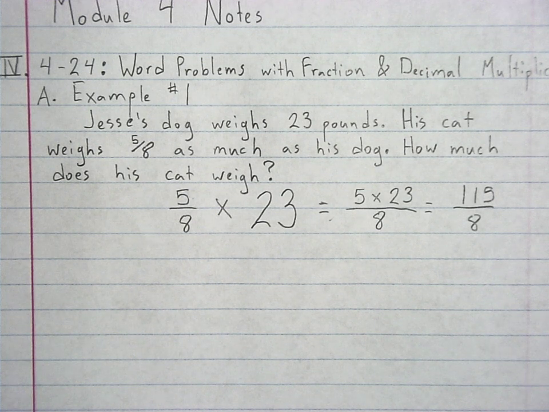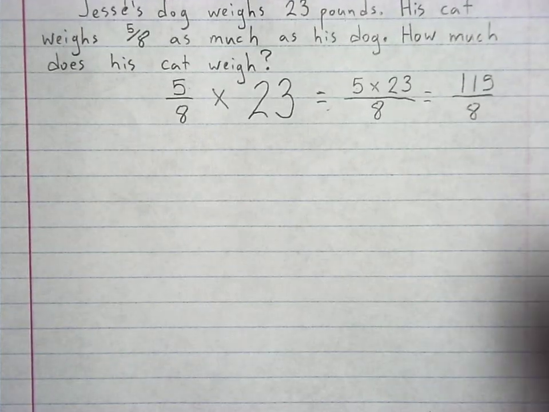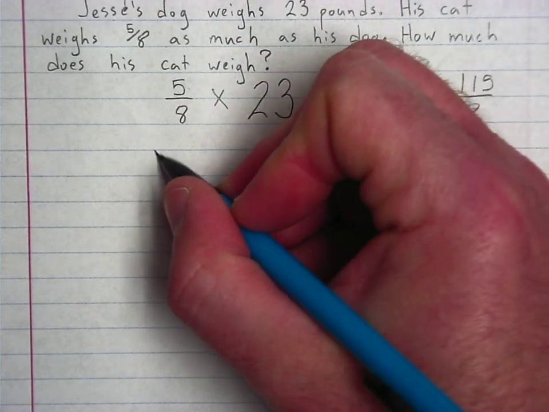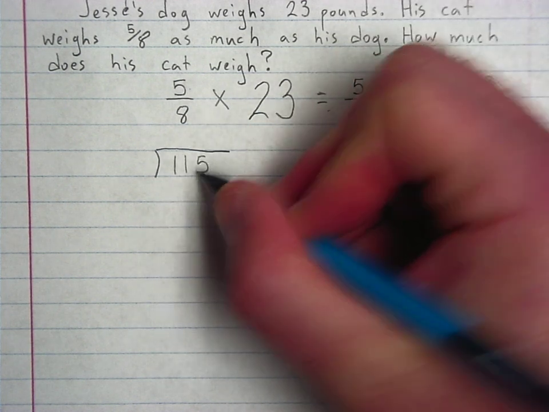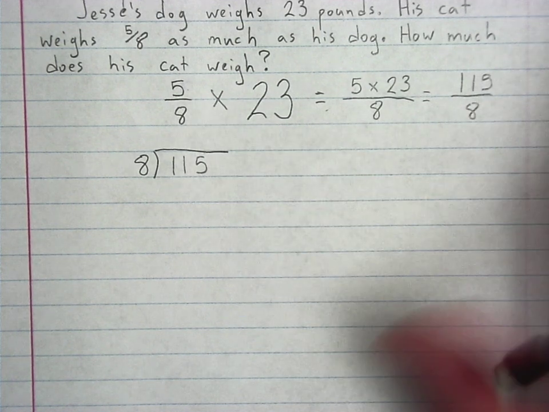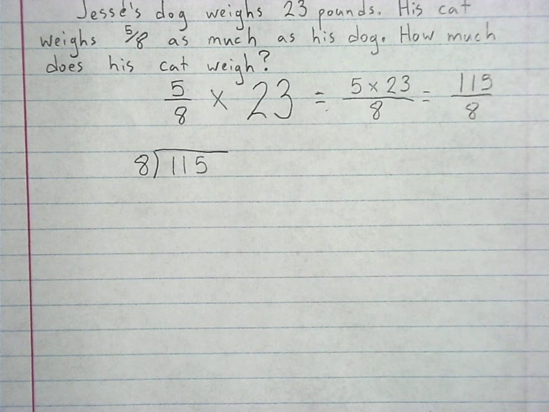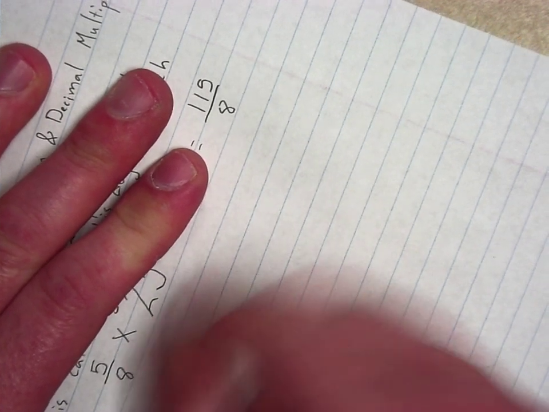Okay. Now I'm going to have to do a little bit of division to solve that. 115 divided by 8. So slide this down. Actually, you know what? Sorry, folks. I am going to slide that down a line.